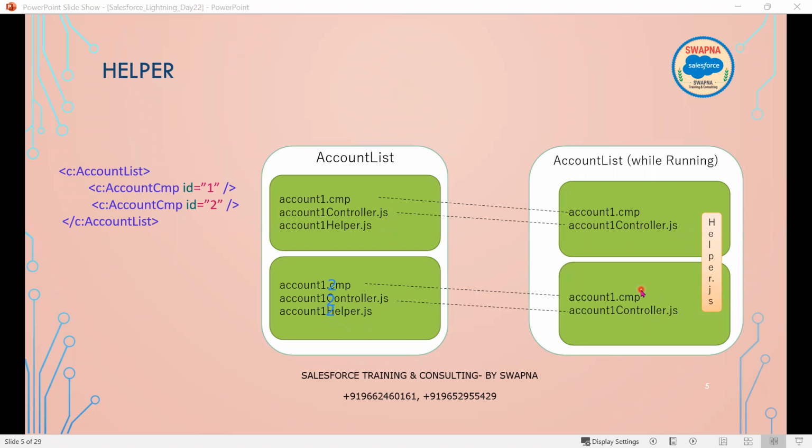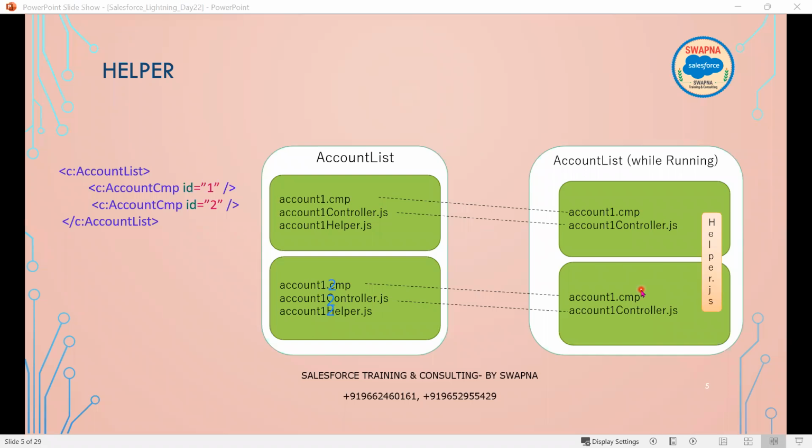That means when you are looking at the code, you see only one helper. But when running at the backend, Salesforce is going to share that helper among all the components.